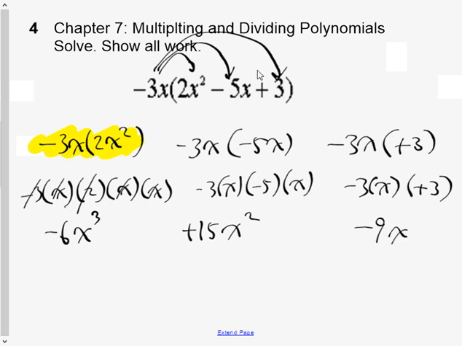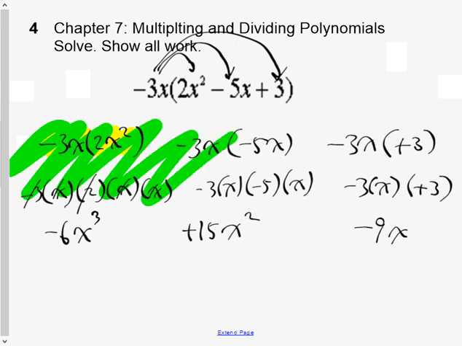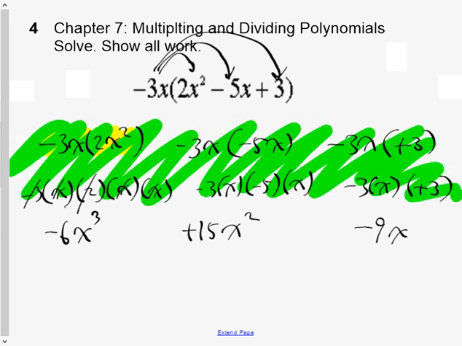So ultimately, all of this stuff that I'm going to highlight here in green, you didn't have to write. All you had to write was what's underneath it. But your brain was processing the same stuff that I did in the green there, right? And you ended up, as a final answer, with negative 6x cubed plus 15x squared minus 9x.